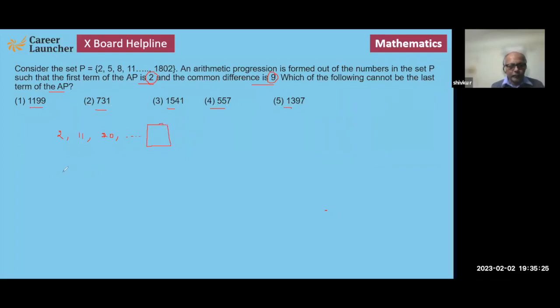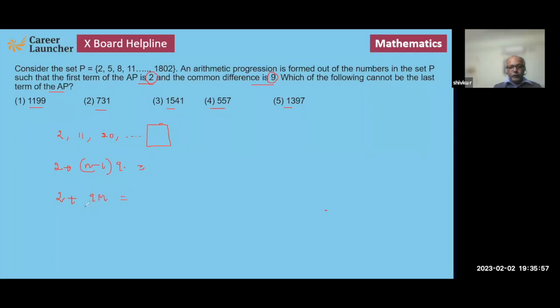So what we need to know is which of these numbers can be the last term of this sequence. So let's say, suppose there are n terms. I will say my last term is equal to 2 plus (n minus 1) into 9. This is my last term. And we know that this value has to be equal to one of these numbers. So the number is 2 plus a multiple of 9.